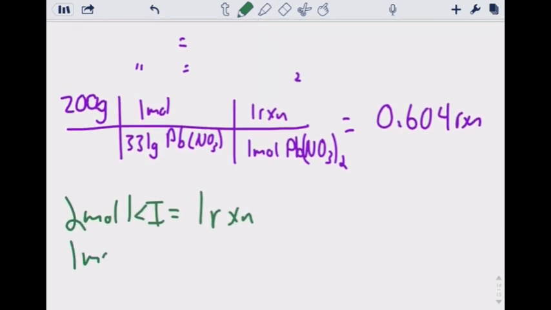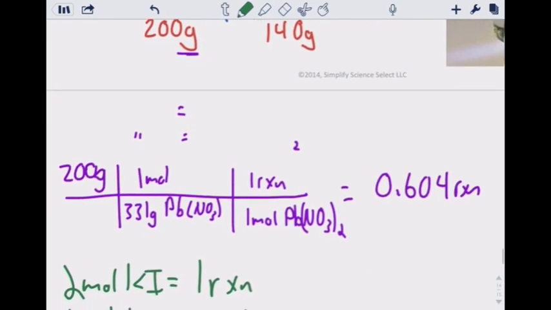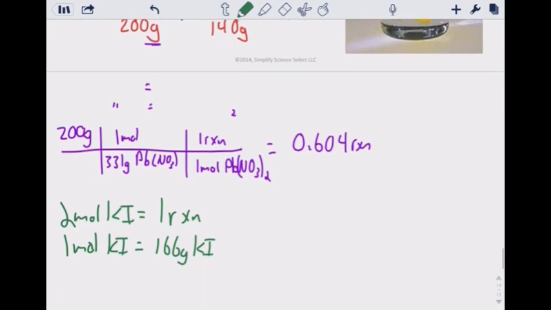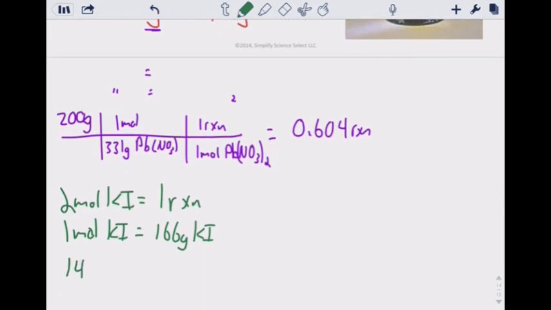So 1 mole of potassium iodide equals the molar mass of potassium iodide, which is right around 166 grams. And so we go ahead, we start with what we got. We start with 140 grams because that's what it gave us. So 140 grams potassium iodide.